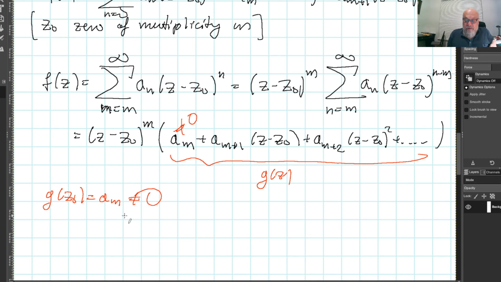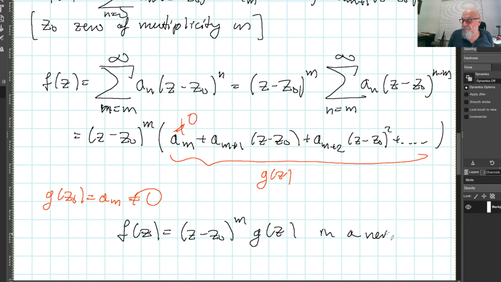So in a certain way you can see that my function f of z can be written in a neighborhood of z0 as (z minus z0) to the power m times g of z.